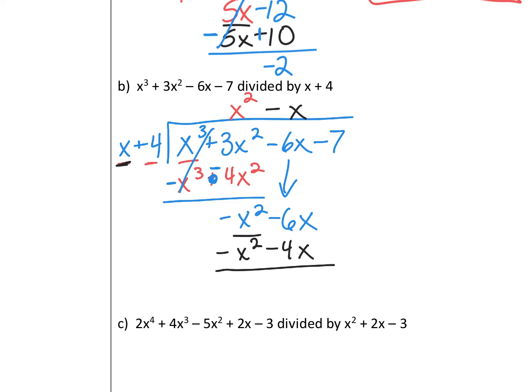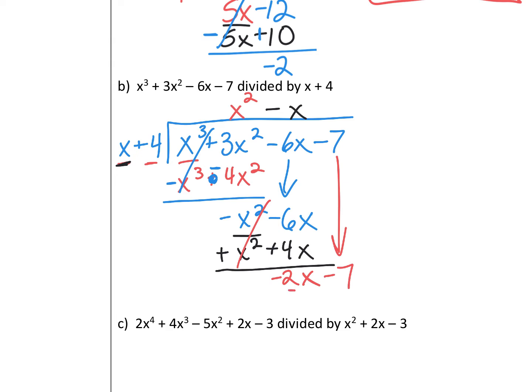Now what? Flip them. The x squares are going to be gone. What is negative 6x plus 4x? Negative 2x. Now what? Bring down the negative 7. Getting closer. Repeat one more time. What are we dividing?